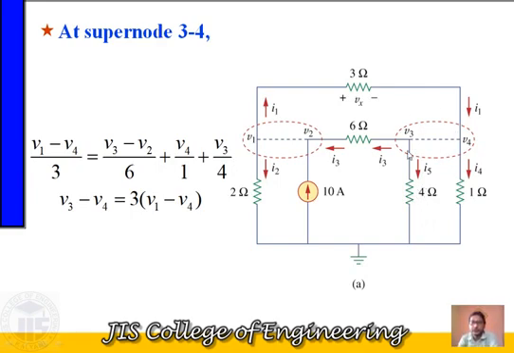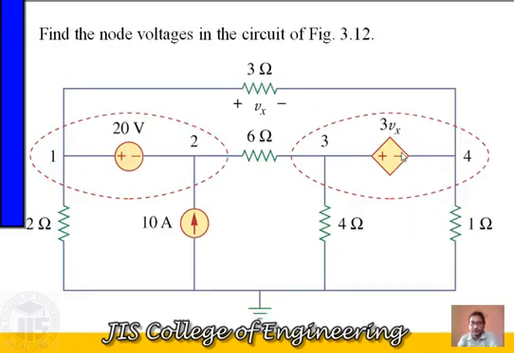Now within the super node you can go from V3 to V4 or V4 to V3, depending on you. If we look at the actual circuit, then V3 minus V4 is equal to plus 3Vx. If you consider V4 minus V3, then V4 minus V3 is equal to minus 3Vx.